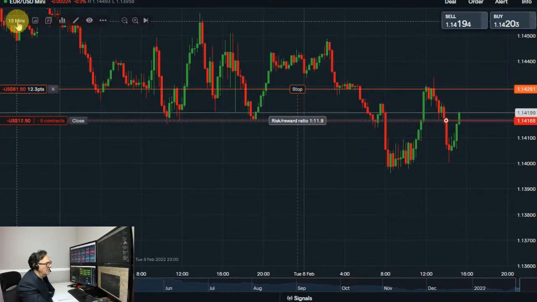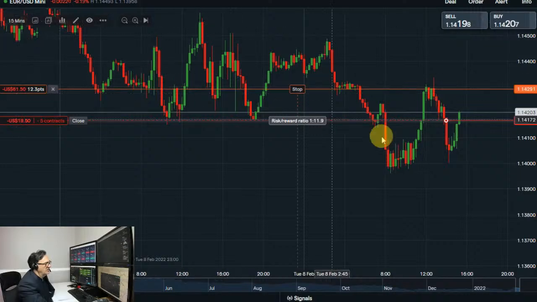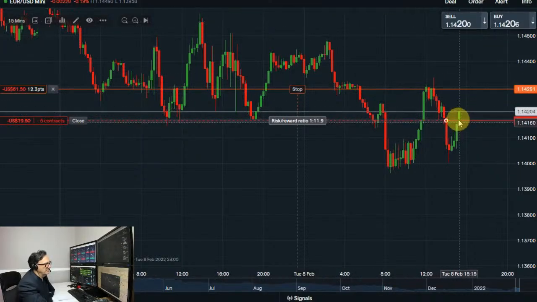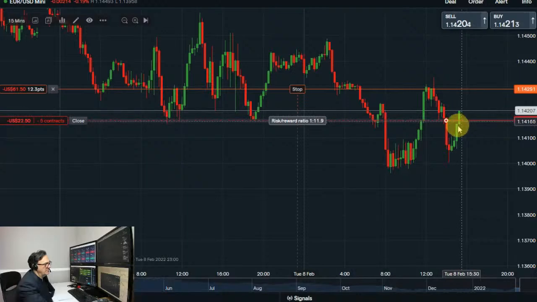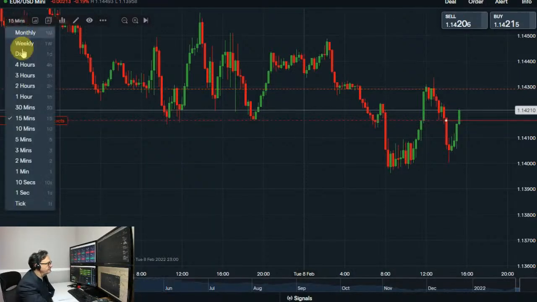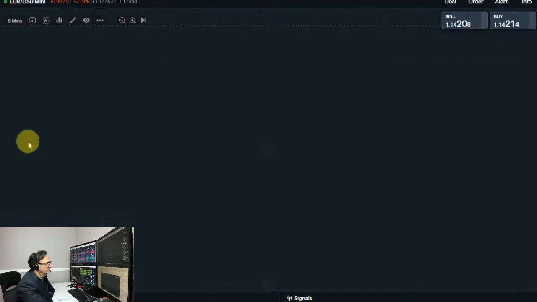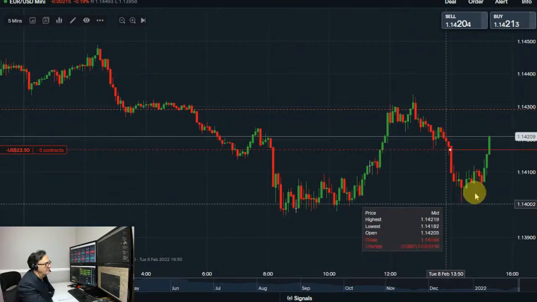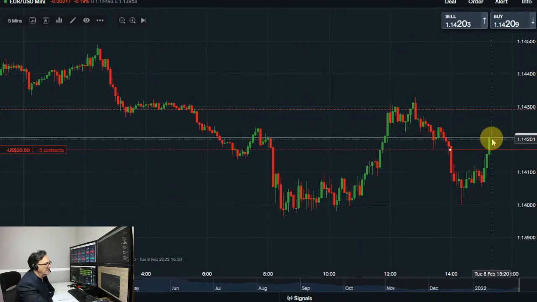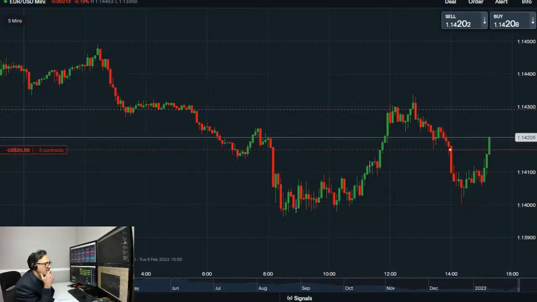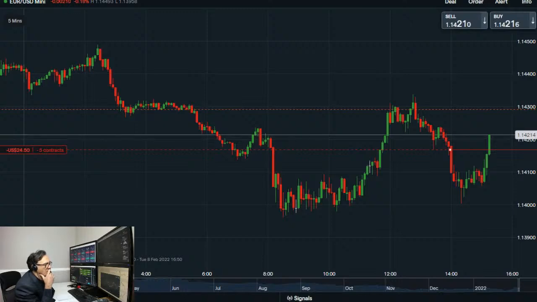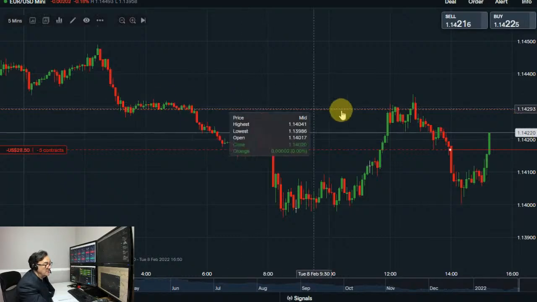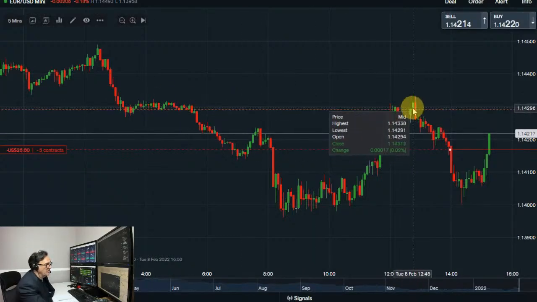This is a 15-minute candle, so this candle will still take some time before it finishes. This is the 5-minute candle. There are another 3 minutes before this candle completes. I'll wait and see how it settles and where it ends up. I might be stopped out. I don't know.